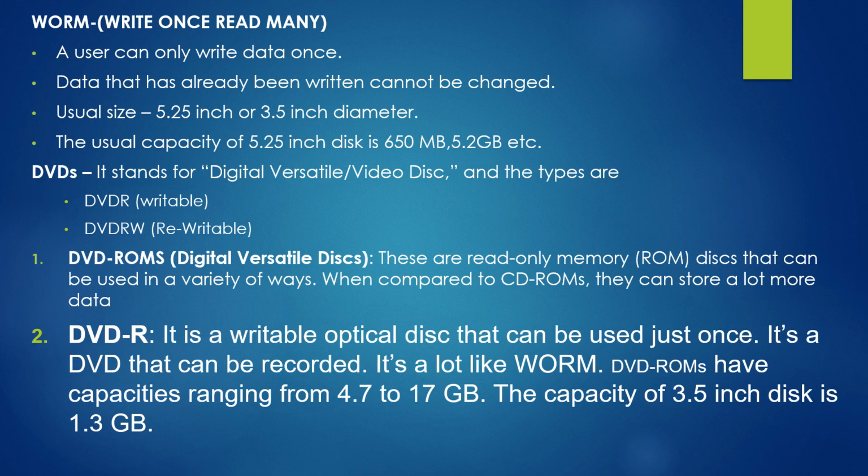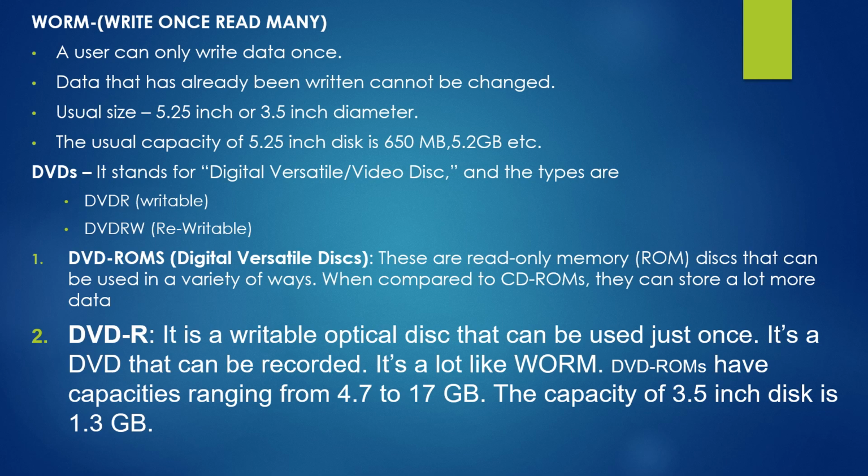DVDs. The next type is the digital versatile disc. Here the types are DVD-R and DVD-RW, so DVD recordable and then DVD rewritable. DVD-ROMs are read-only memory disks that can be used in a variety of ways.